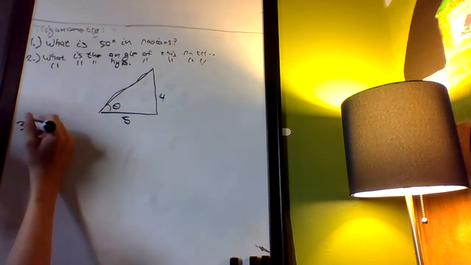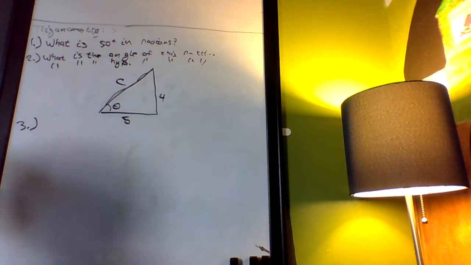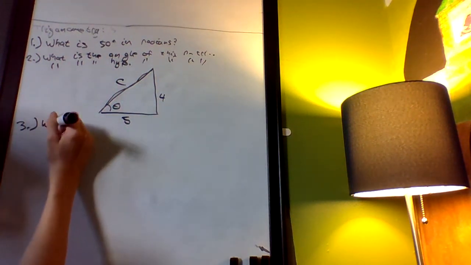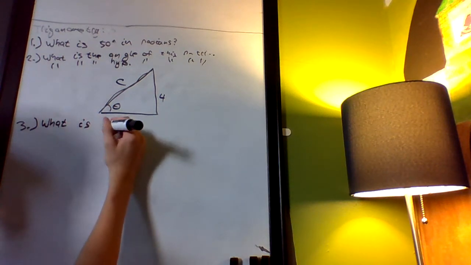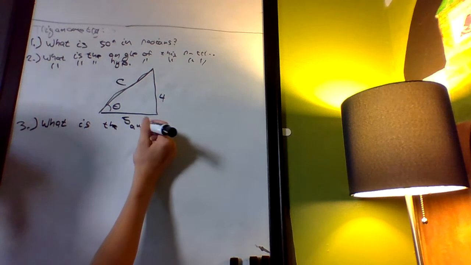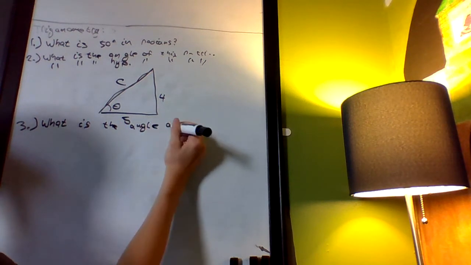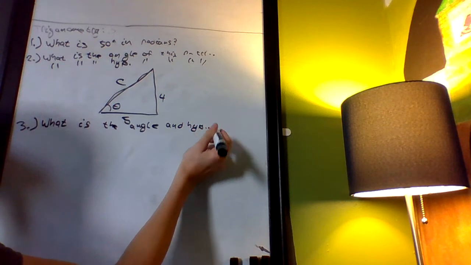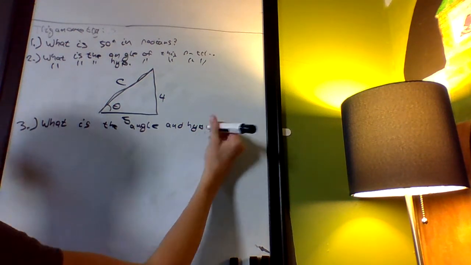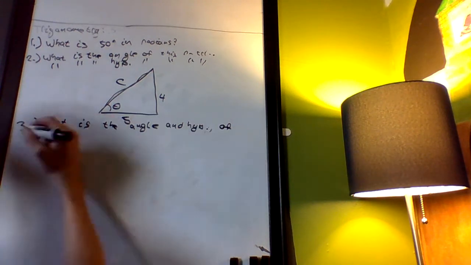So in this one, you're finding theta and c, the hypotenuse. And number 3, what is the angle and side? Hypotenuse of this.